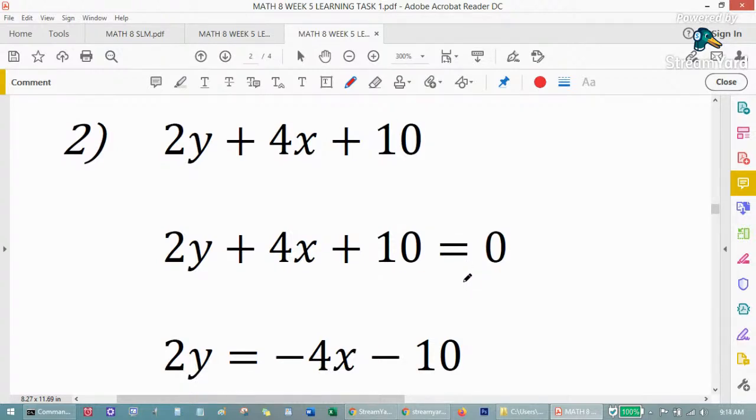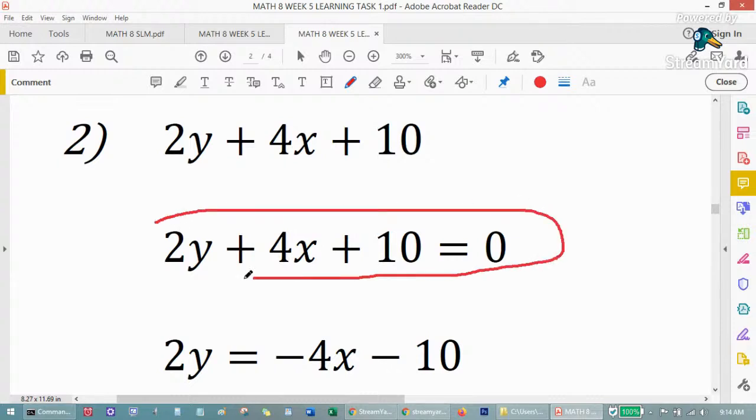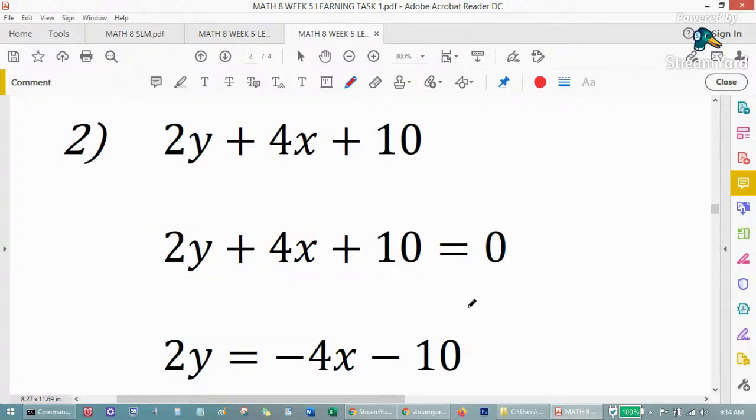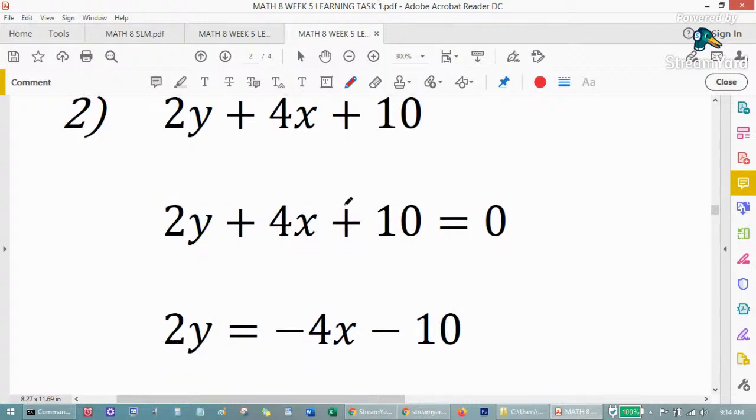Kasi pag hindi siya equal to 0, then magkakamali yung equation mo. Mag-iiba ang value niya, no? So, kailangan pag nilipat mo lahat ng term sa left side, dapat equal to 0.